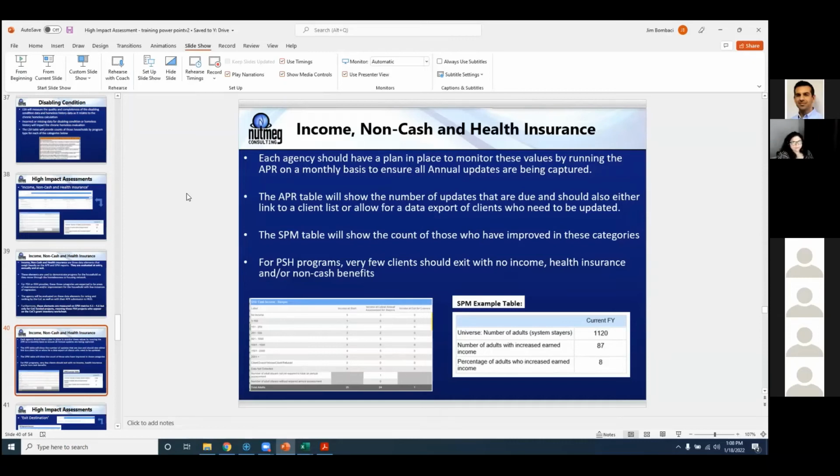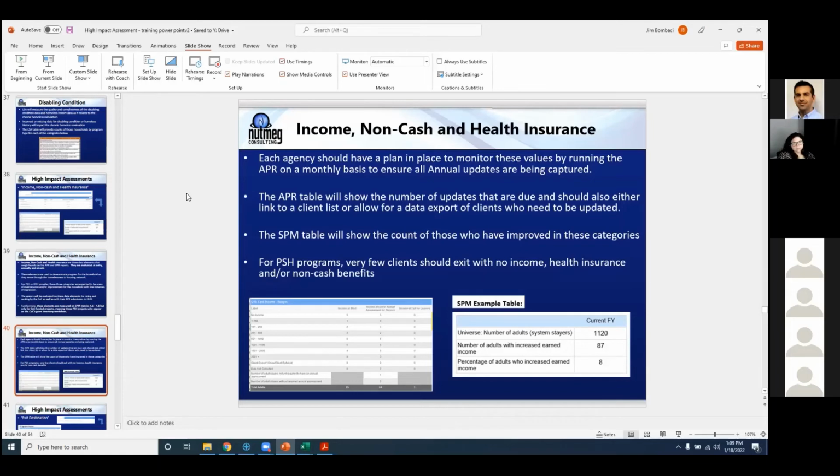And then the following year, if they are still in that negative scenario. So for example, let's say on their anniversary date, when you did their annual assessment, they had an income improvement, and then 6 weeks later they lost it. Well, HUD only says they want to know what happened on that anniversary date, within that 30-day window before or after their anniversary date. So that's the data you're providing.